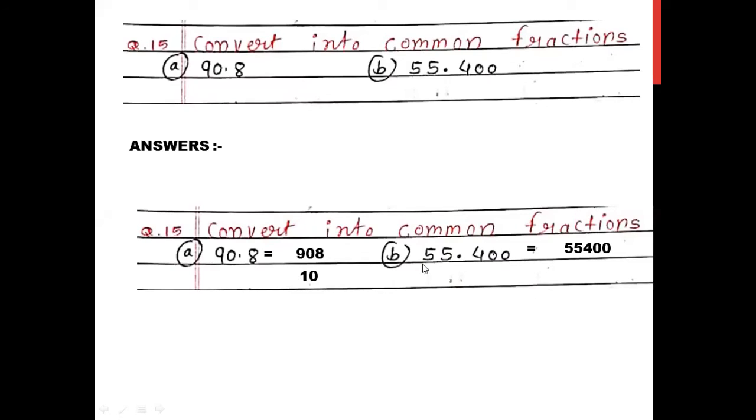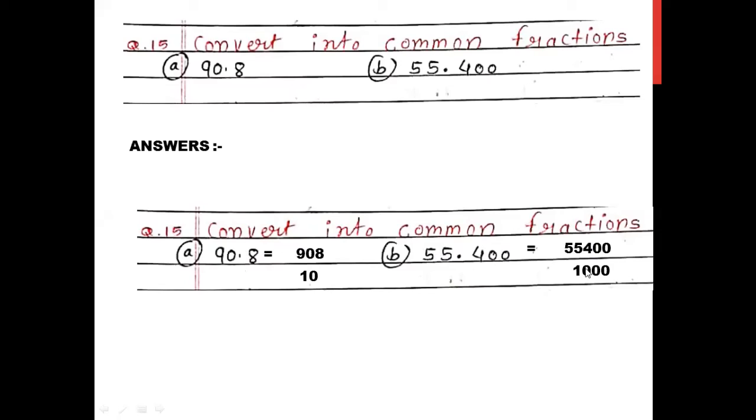So number is 55400 without decimal point. So you have to write first the number without decimal point. And then how many decimal places? 1, 2, 3. So put the 1000 with 1. That's it. In this way, we convert this decimal fraction into common fraction.